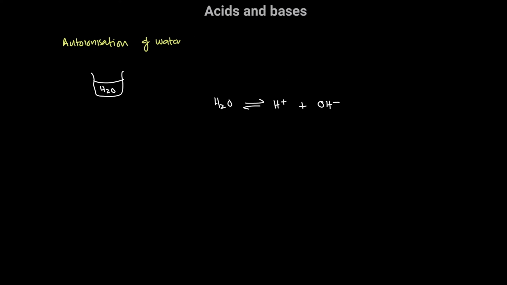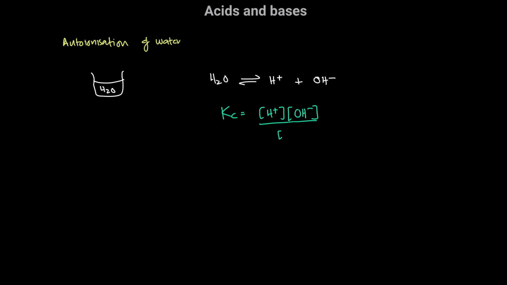Now, what's the equilibrium constant for this? Look at the equilibrium constant. That is the concentration of H plus times the concentration of OH minus, divided by the concentration of water.